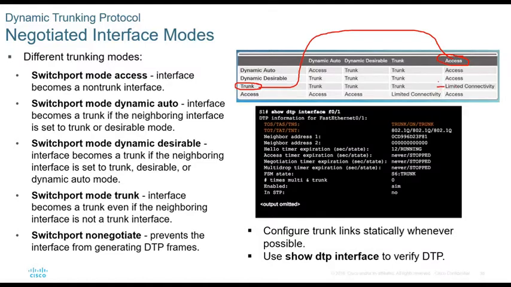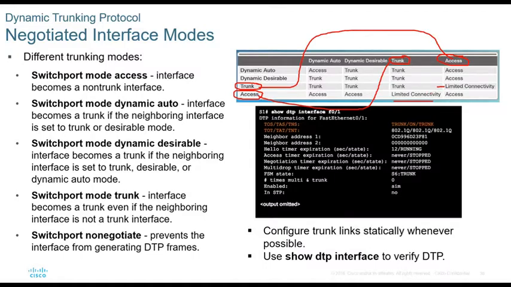They really won't talk to each other. So, trunk is supposed to be talking with a trunk line. Access is also going to be access. Same scenario, when you pair access to trunk, it will also result in limited connectivity. So, that means it's a failure.